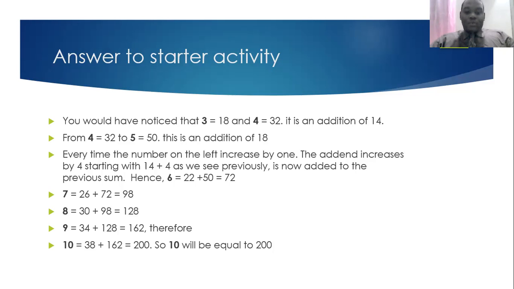We can skip on down to number 10, where now we are adding 38 to 162, and we find that at number 10, we will have 200. Wonderful. I'm sure many of you did very well. Congratulations.